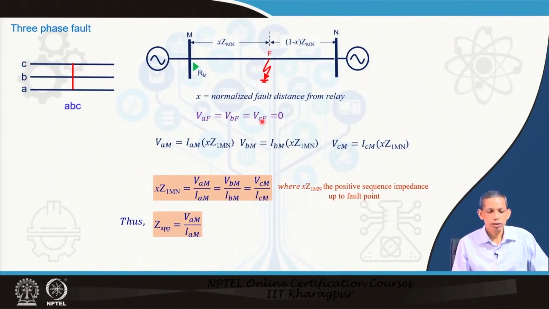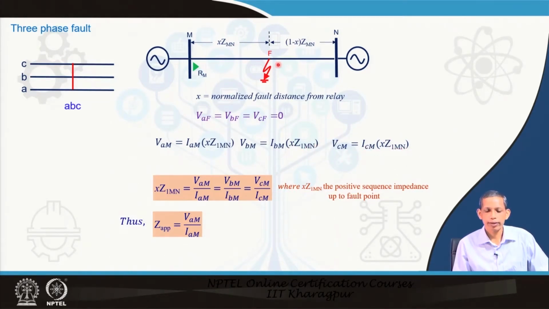With this relation, for a 3-phase fault we can write VAM equals IAM into this impedance, because the voltage at the fault point is 0. Similarly, VBM equals IBM into this impedance, and VCM equals ICM into this impedance.